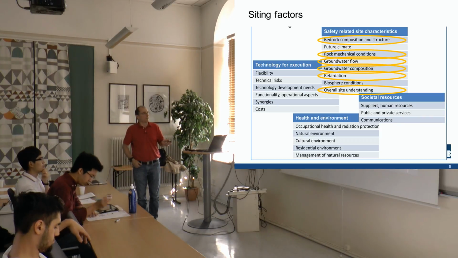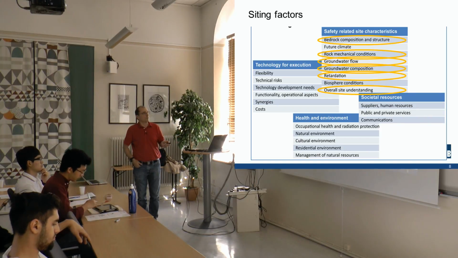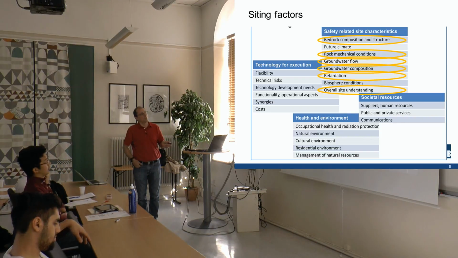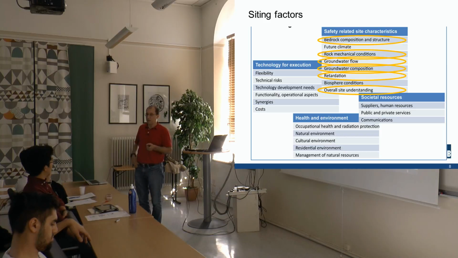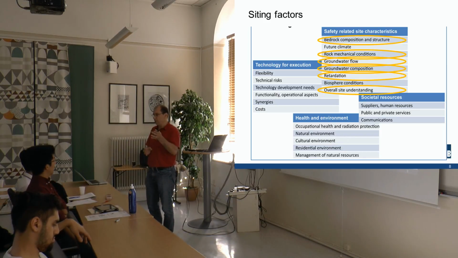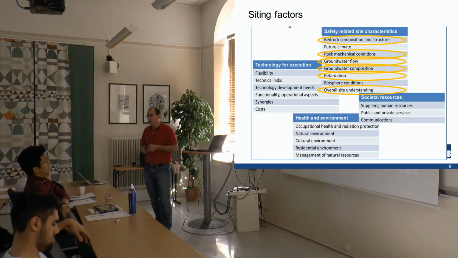Then, a very important thing is also the groundwater flow, the groundwater composition, retardation. And with retardation, I mean that radionuclides which escape for some reason, in one scenario, they can escape. And the groundwater is bearing them up to the surface.